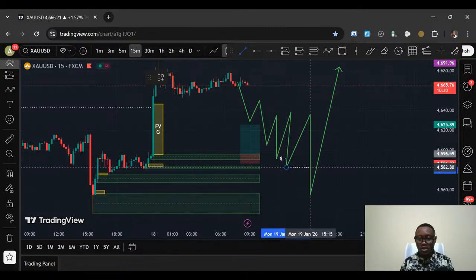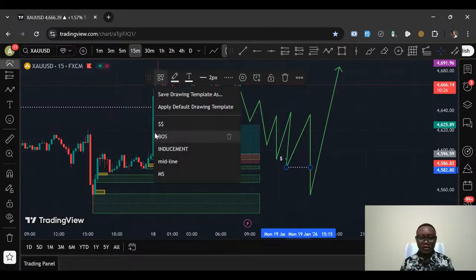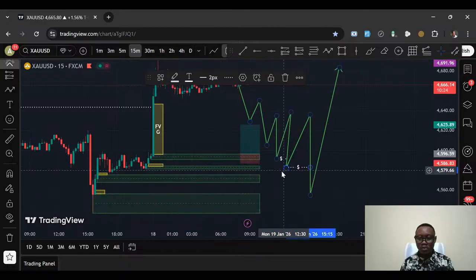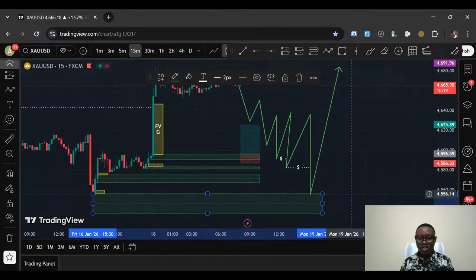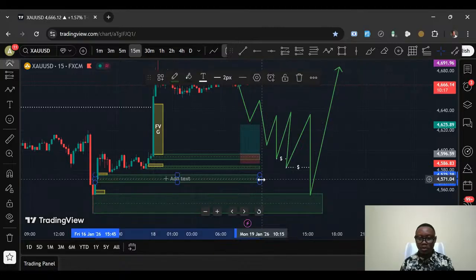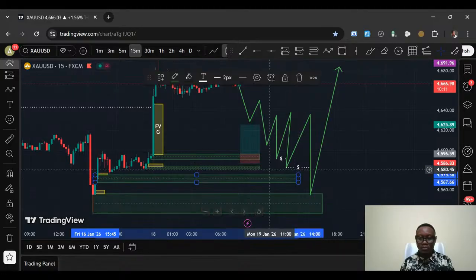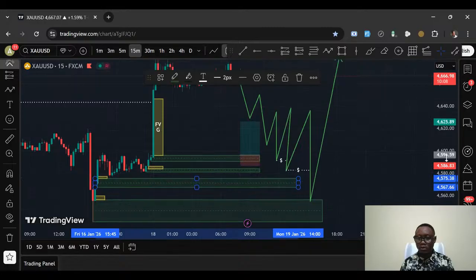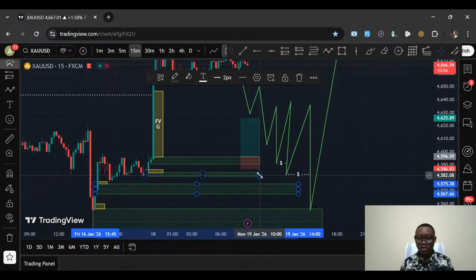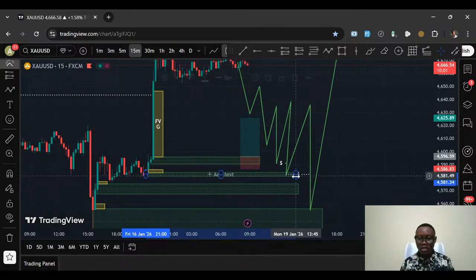So all of this could just be a liquidity area for price to sweep available liquidity, then tap into the extreme zone. So this is what price might likely do. So do not be too optimistic with your take profits unless you're taking a trade at the extreme zones.